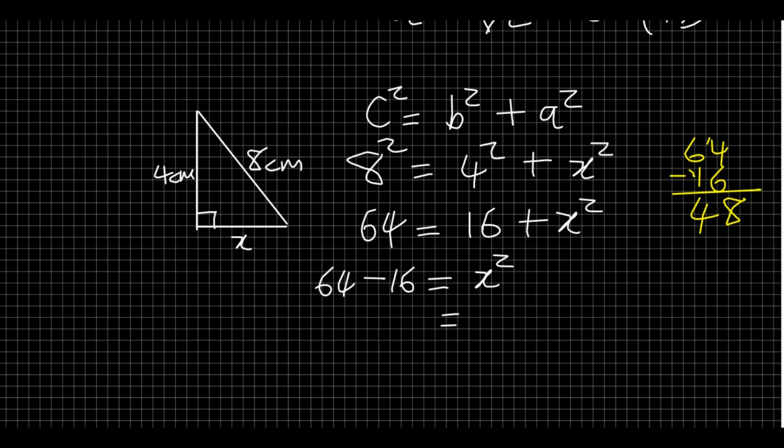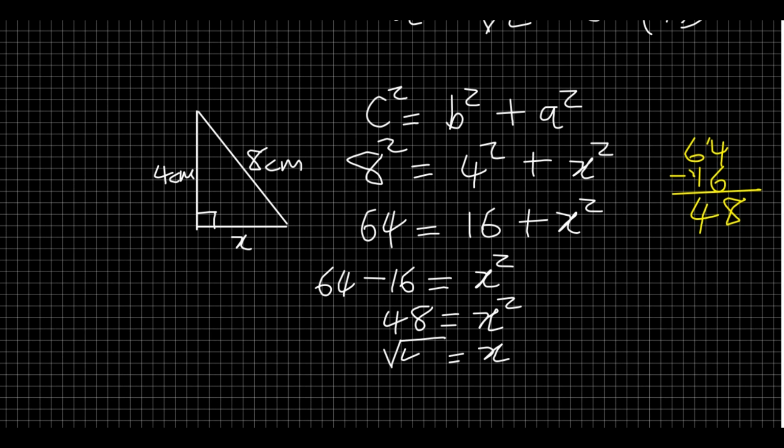So here 48. Sorry, let's stick to our white color here. So 48 is equal to X squared. Our X here is equal to the square root of 48.